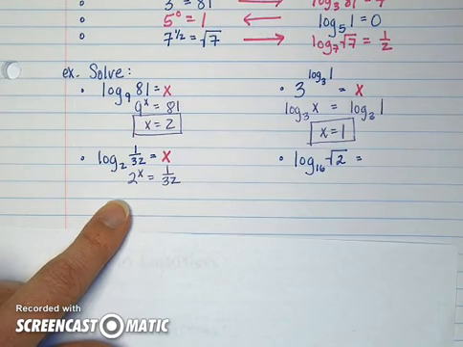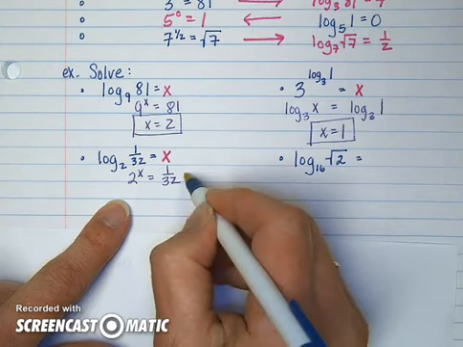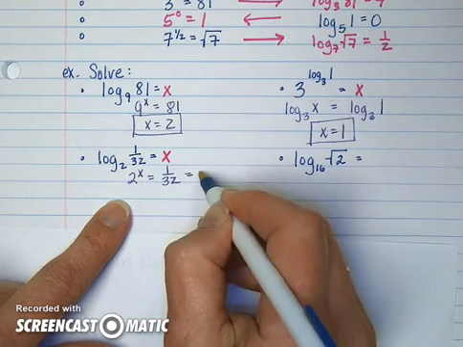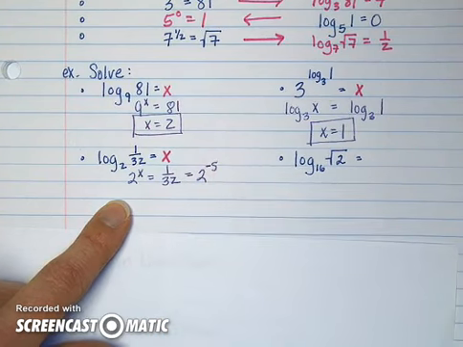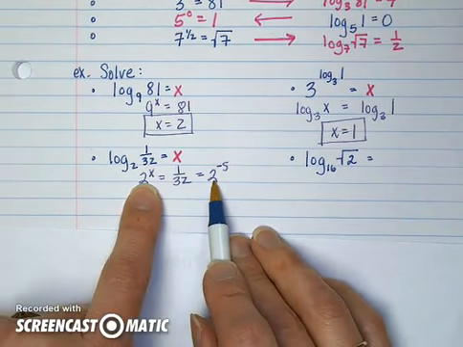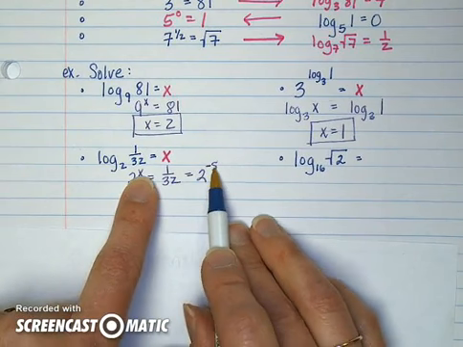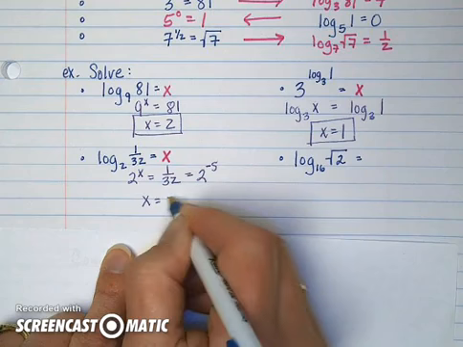That's great, but I have 1 over 32. So if you know that 2 to the 5th is 32, isn't 2 to the negative 5th equal to 1 over 32? Here, if my bases are the same, then my exponents must be the same. So x must be negative 5.